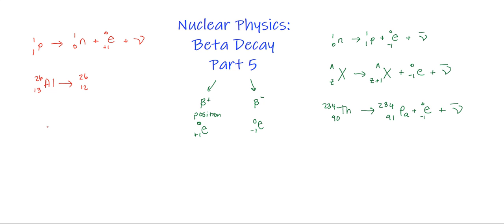And so what we're going to see happen in this case is that we're going to be left with element 12, which is magnesium. And we're of course going to have our positron, or our positive beta particle, and our neutrino. And this happens fairly commonly.